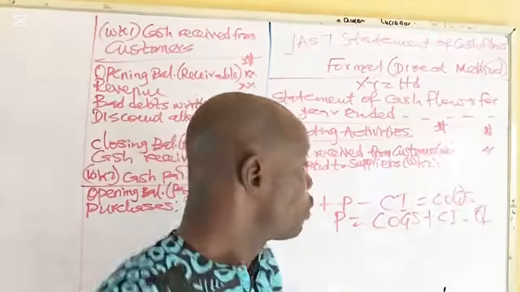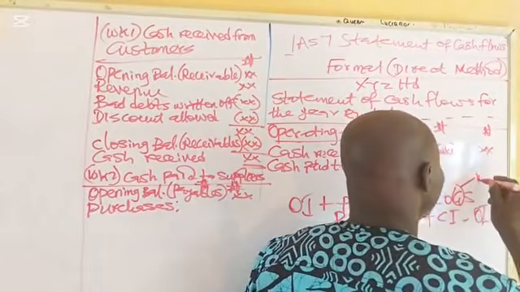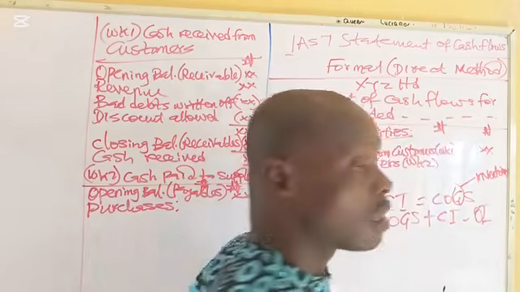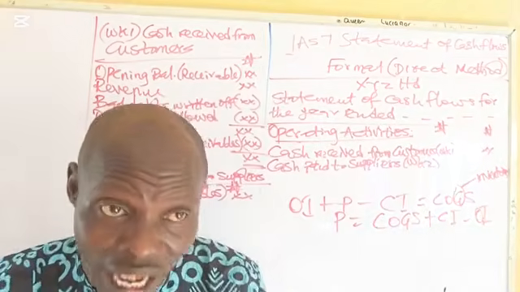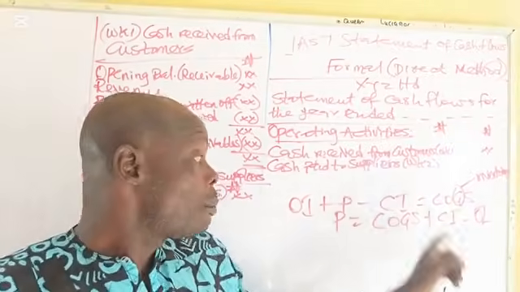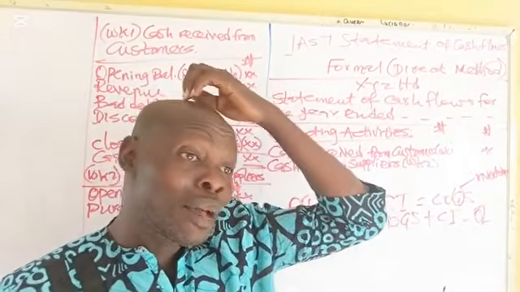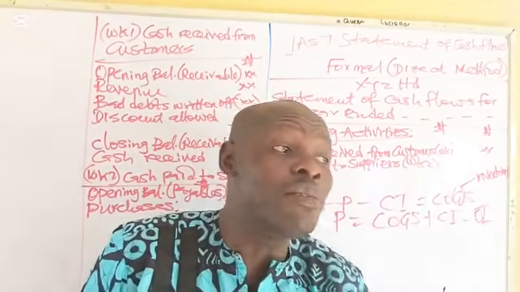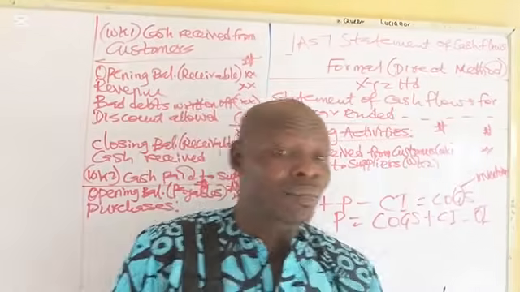Goods. When we say goods, goods are what? Inventories. But cost of sales might contain non-inventory related items.